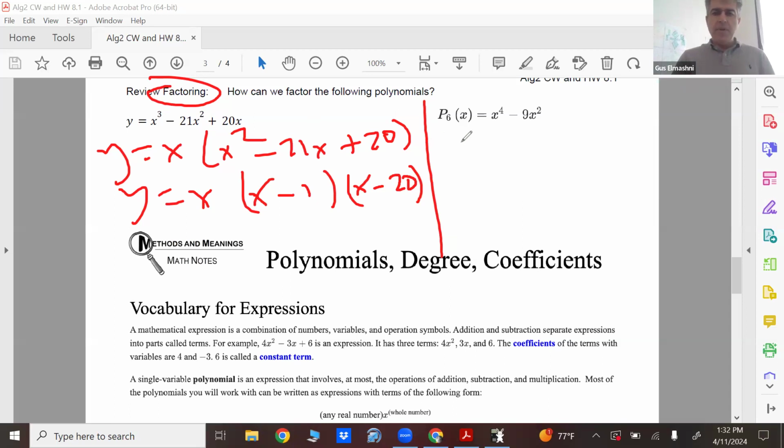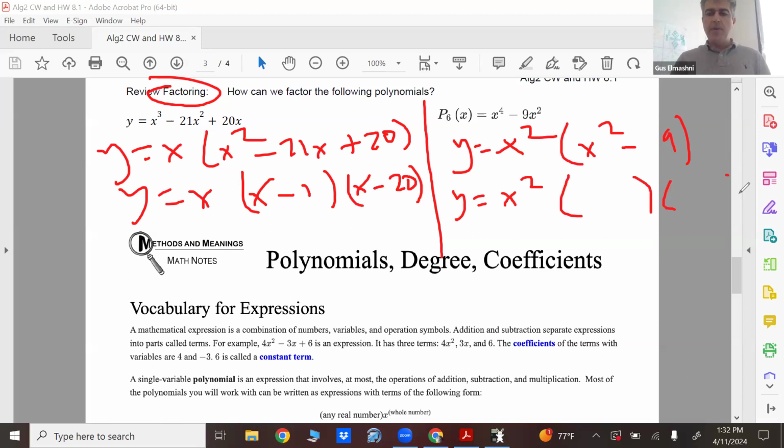Okay. And then this one here, y equals, now what's the GCF here? x squared. Good. x squared is common to both, so you pull it out. And we're not out of the woods yet because it's not totally complete.